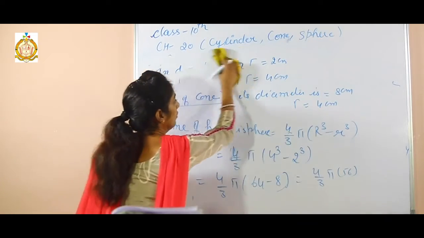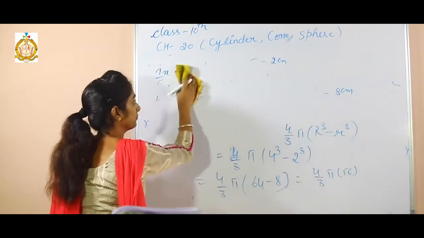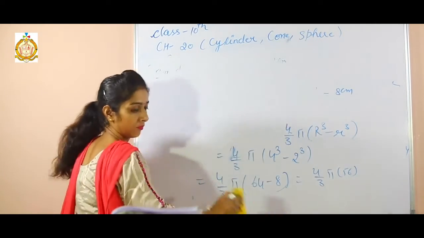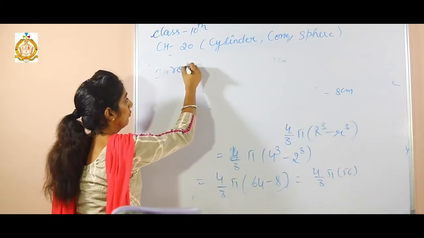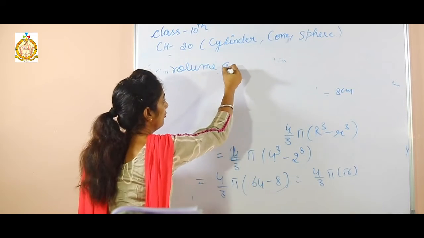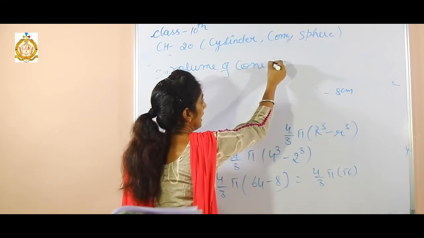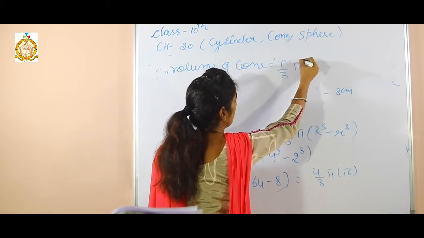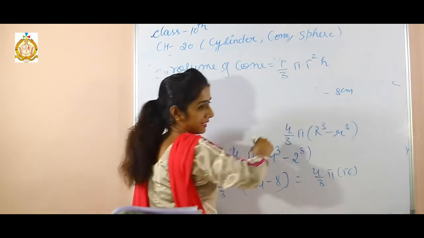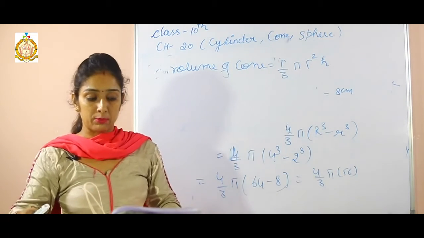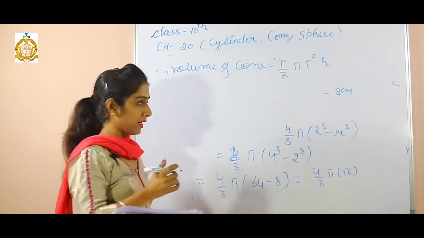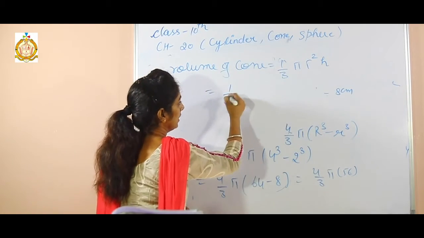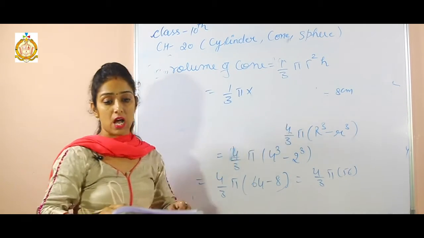Now again the volume of the cone. The volume of a cone is 1 by 3 pi r square h. Now 1 by 3 into pi. Now what is r?